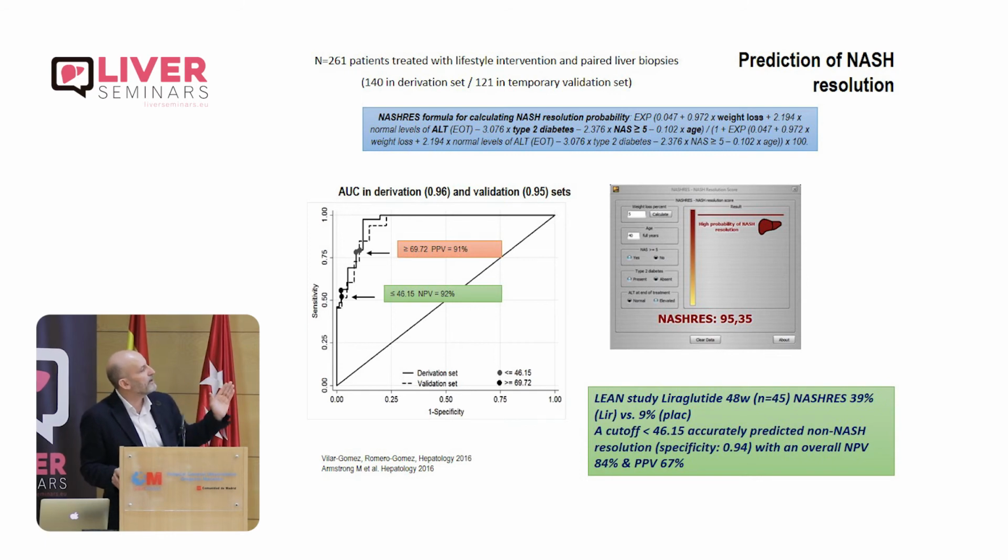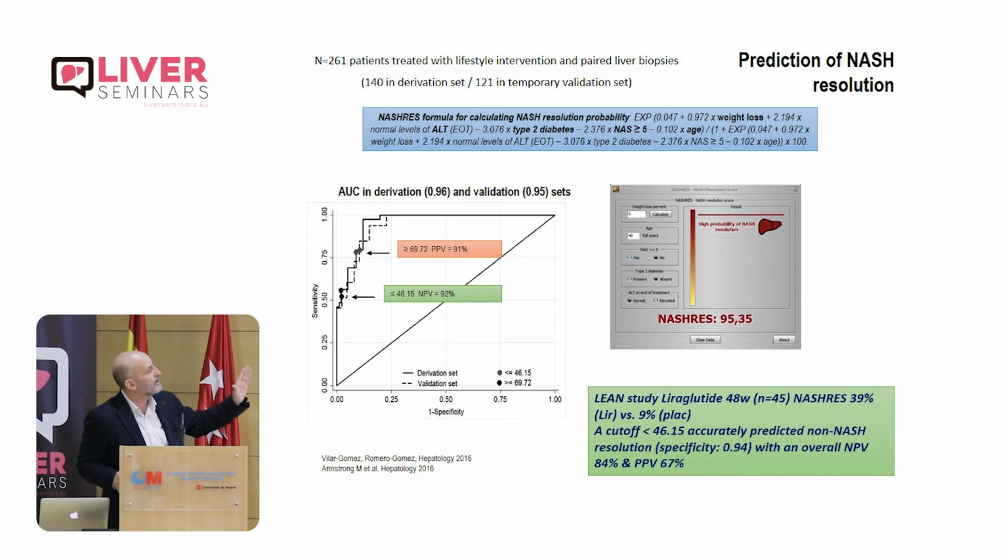It's a non-invasive method taking into account the percentage of weight loss, normalization of ALT, type 2 diabetes, NASH score at baseline, and age, and we can calculate the possibility of the patient achieving NASH resolution without needing a liver biopsy.